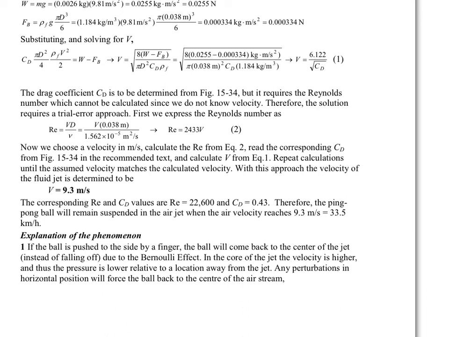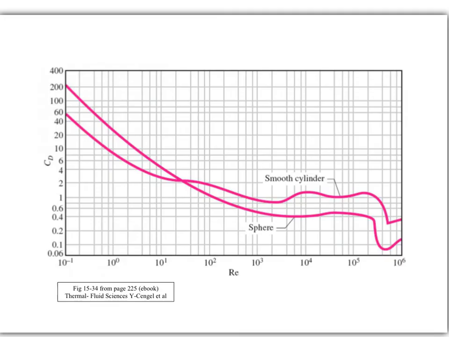It'll be a good idea for you to re-look at this expression, substitute an initial starting value for V, and then from there work out better values of V through iteration. This figure is found on page 225 of your ebook.